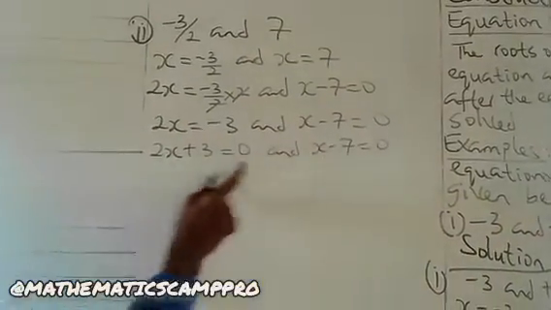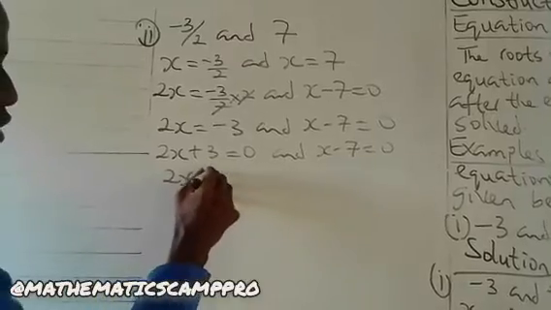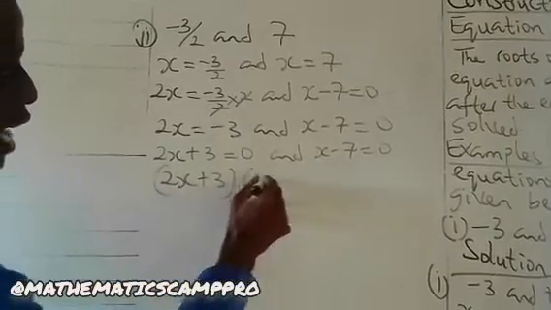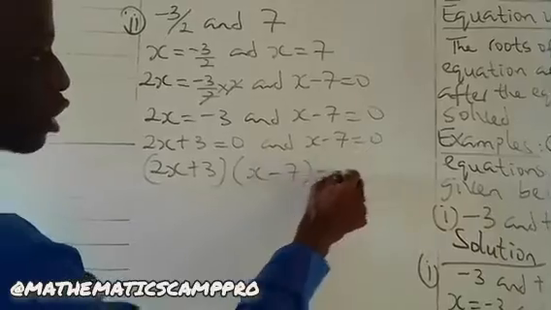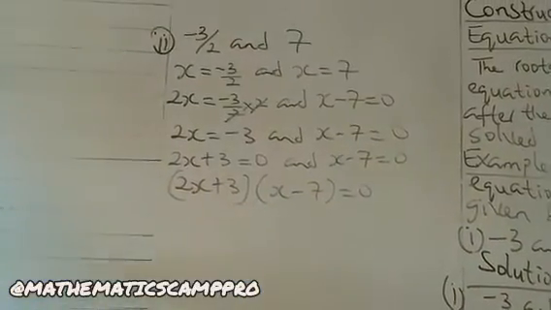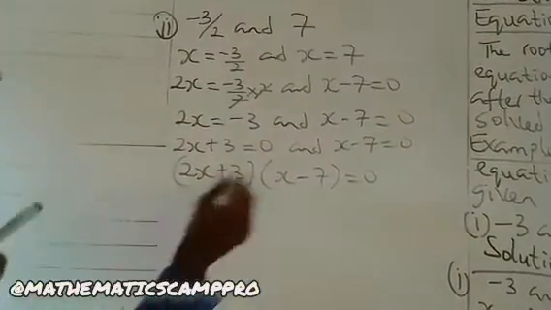Let's combine these two together. We have 2x plus 3, x minus 7 equals 0. Now, let's expand.